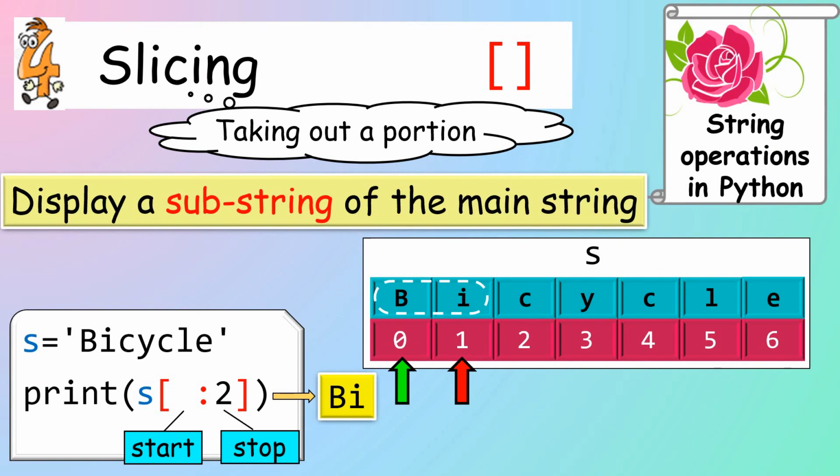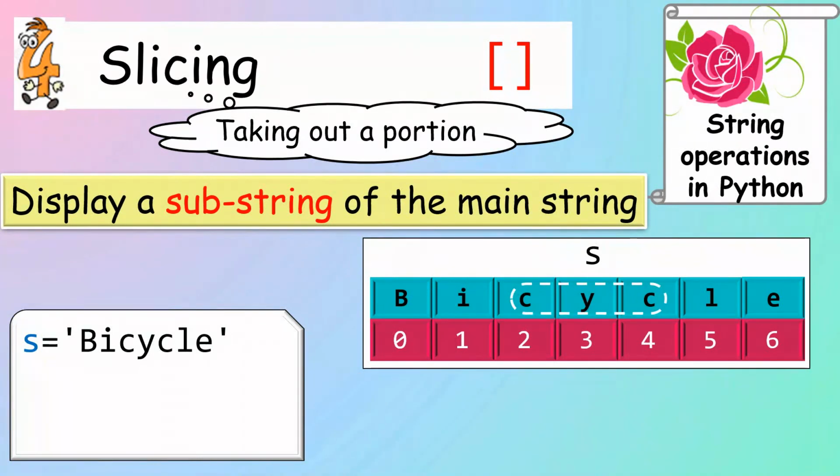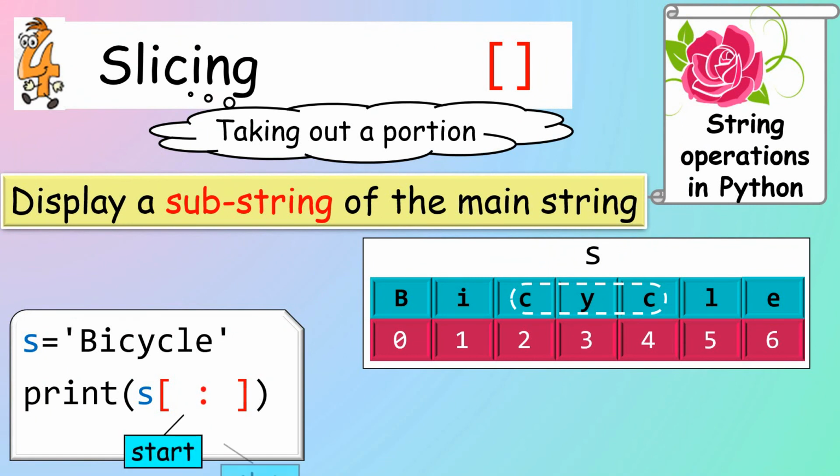I will show you another example where now I'm going to slice from the middle of the string bicycle. So let me again write the print statement. Take the string object S and then the slicing operator with the colon, and before the colon you place the start index value, and after the colon the stop index value.